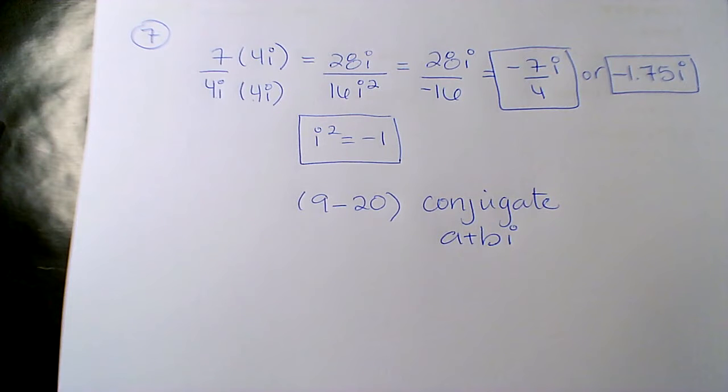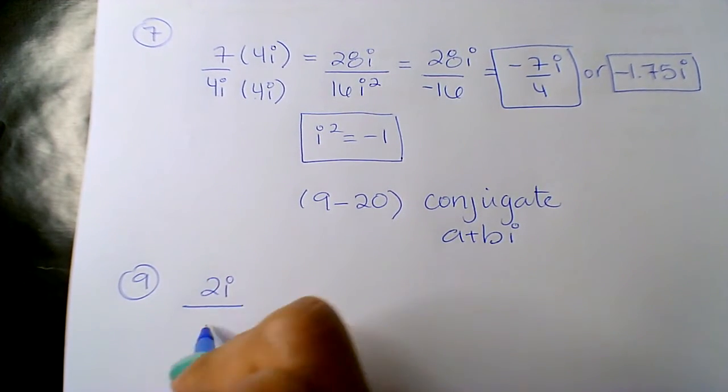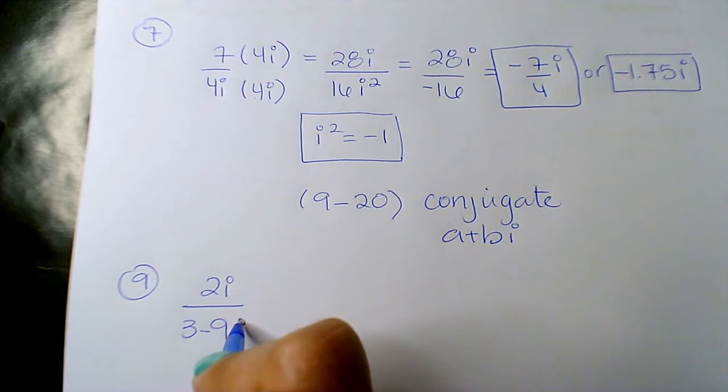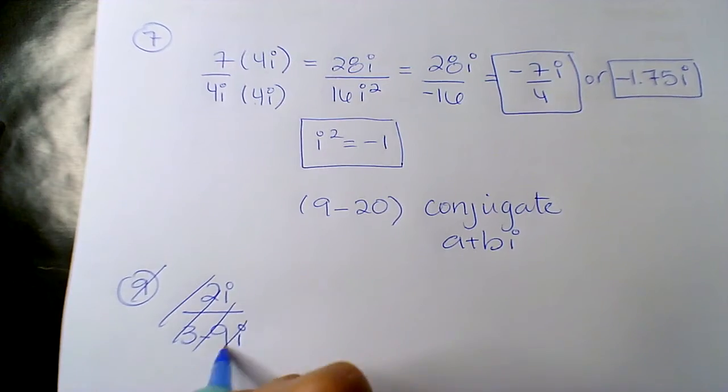Okay, so if I look at number 9, I didn't do this, did I? I did 9? Oh, so should I go to 10? Is 10 okay? Okay, let's do 10.